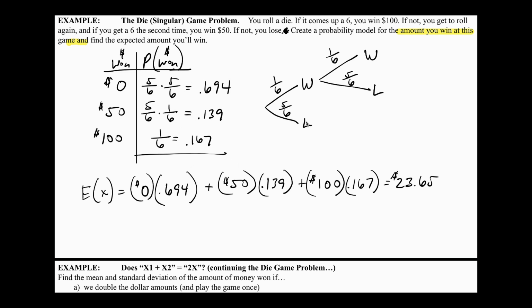So anything above $23.65, that's what casinos know. That's how they figure out how much to charge. You know the differences between the slot machines. There's penny slots, nickel slots, dollar slots, 50 cents, quarter slots. How do they decide which is which? Well, they know the probabilities. And they figure if it's a 25-cent slot, in the long run, this number right here has to be lower than 25 cents, right?